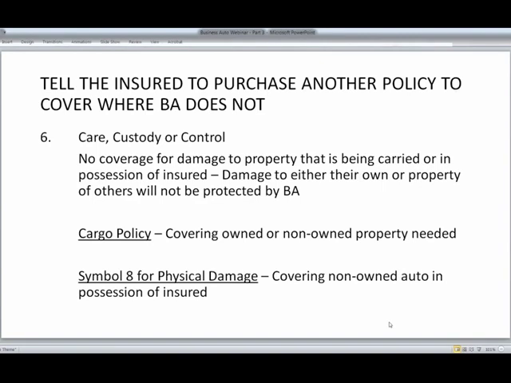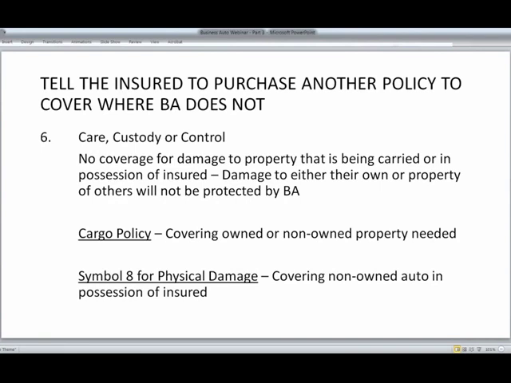But in either case, for your own property, you need an extension on your commercial package policy with the property coverage to cover your insured's personal contents beyond 100 feet of the premises, or you would need a cargo policy, which would be the owner's policy that would cover their own property away from their premises, or a cargo policy that is the legal liability form to buy back the legal liability exposure as a bailee.